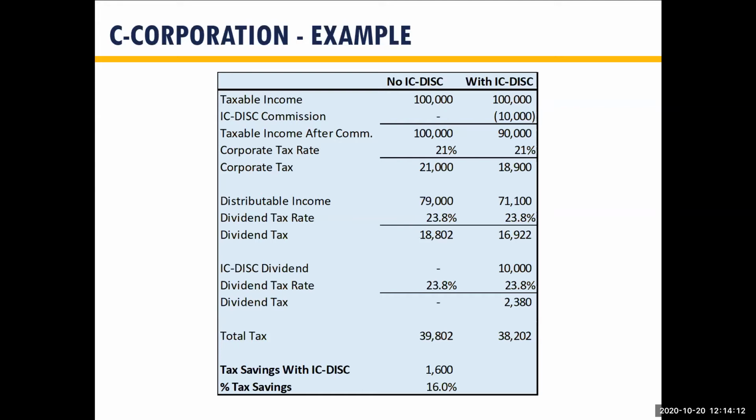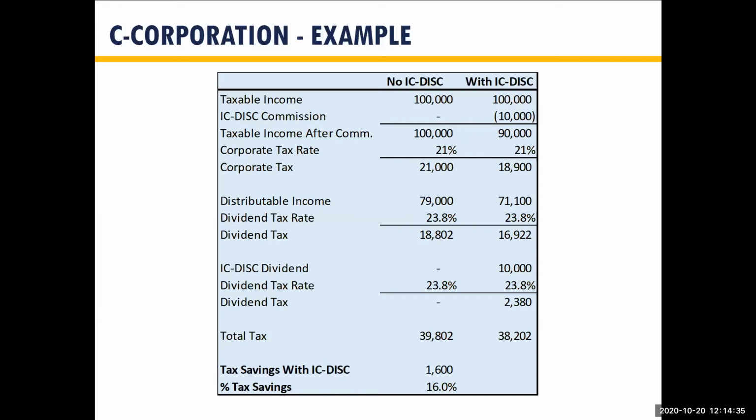That leaves $79,000 available for the corporation to distribute out as a dividend to its shareholders. Tax that at 23.8% again. So our dividend tax is $18,802, resulting in total tax of $39,802 on the $100,000 of corporate income.